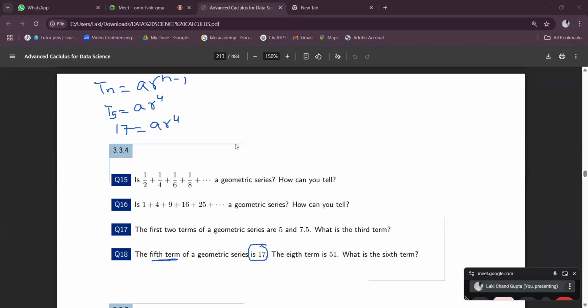And the eighth term is 51. Put n equal to 8.